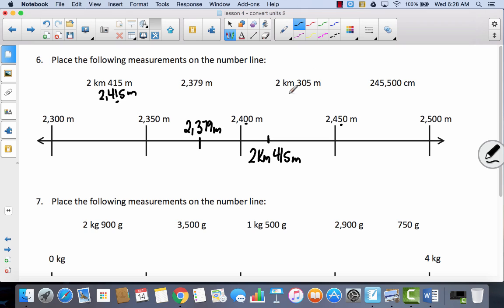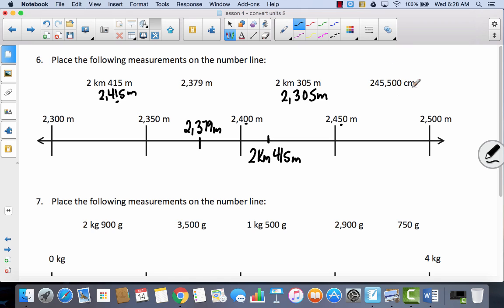All right, so we're going to do the next two. We have 2 kilometers, 305 meters. That would be 2,305 meters. And then I have 245,500 centimeters. Remember, centimeters are like hundreds.